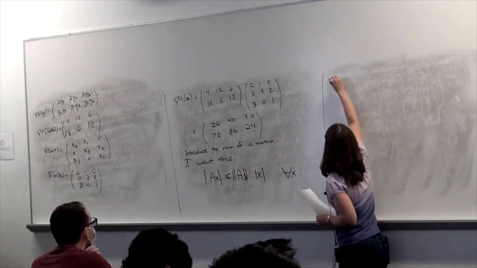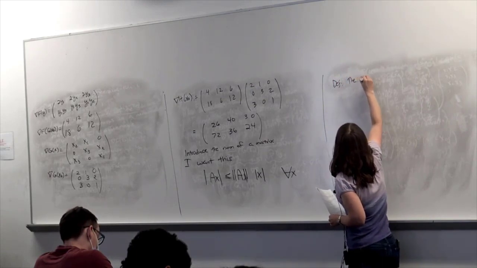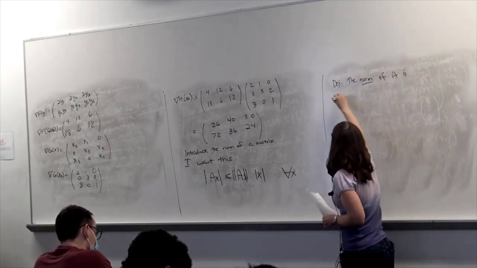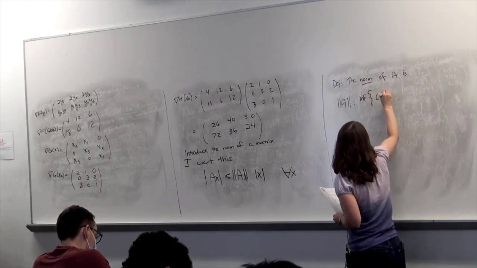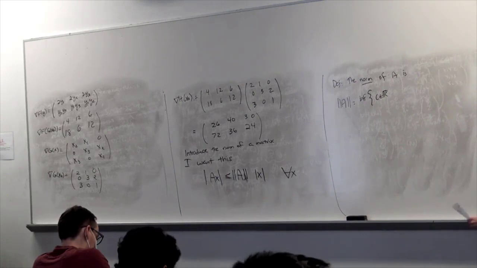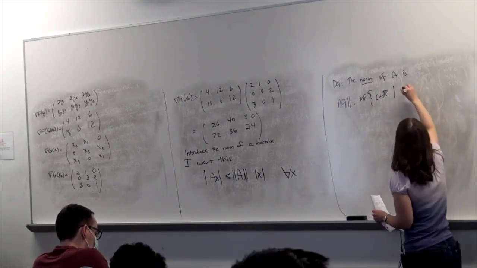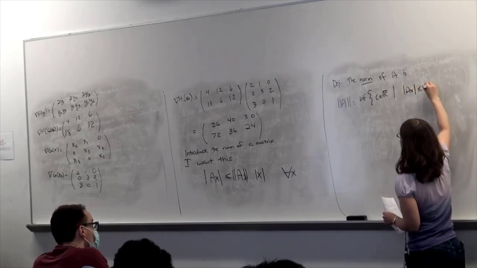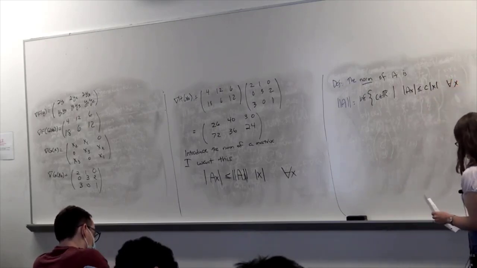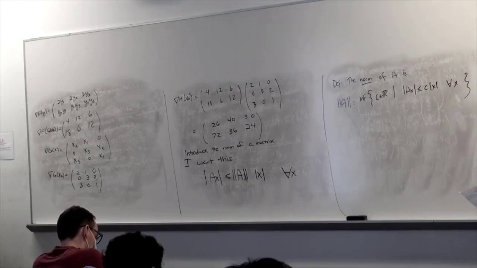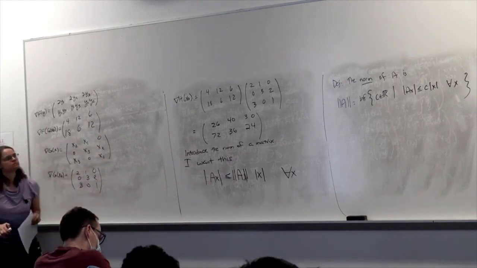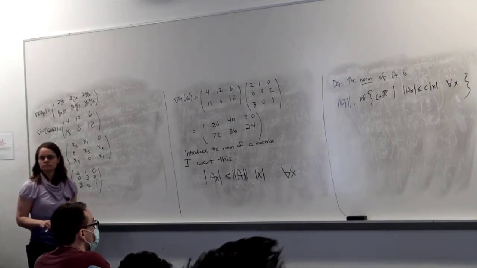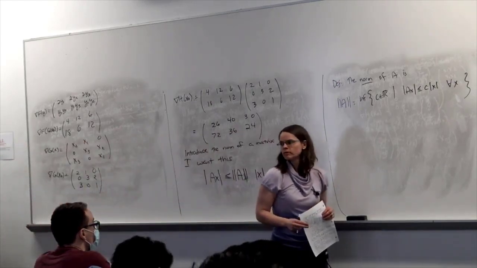Okay, so this is how I'm going to define the norm of A. The norm of A is going to be the smallest possible real number C such that the length of A times X is always less than or equal to C times the length of X for all X. Okay, and that's the norm of my matrix.